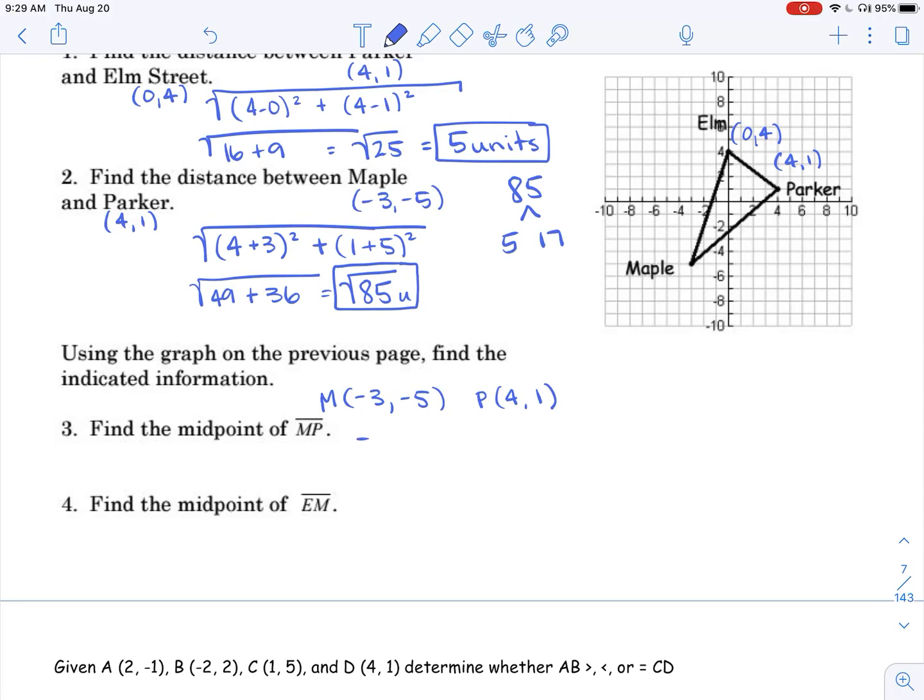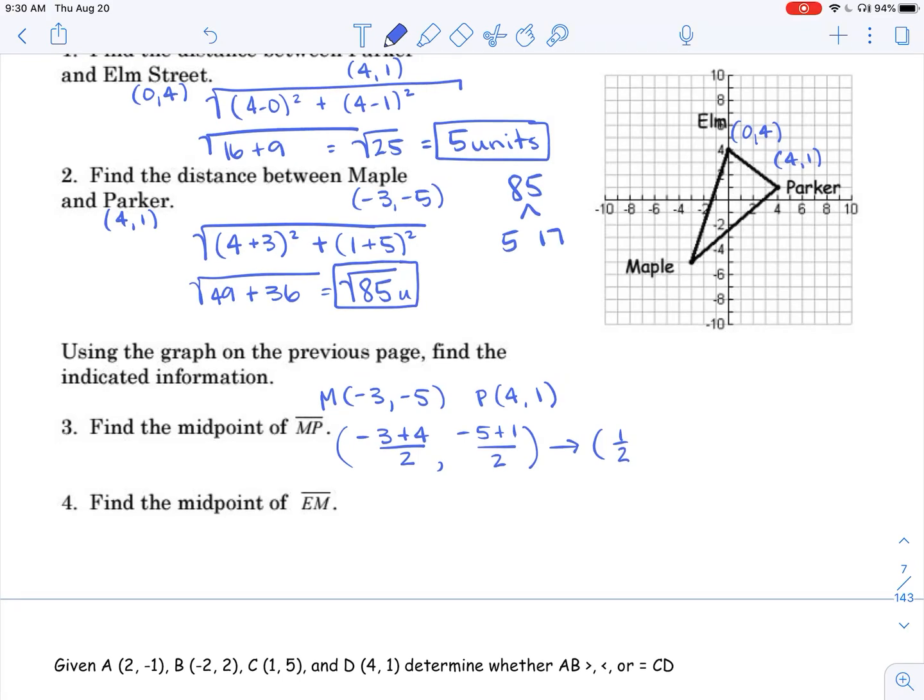So I'm going to do -3 plus 4 over 2, comma, -5 plus 1 over 2. And then when I simplify those down, -3 plus 4 is a +1, so I'm going to leave it as 1/2. And -5 plus 1 is going to be a -4 over 2, which would give me a -2.